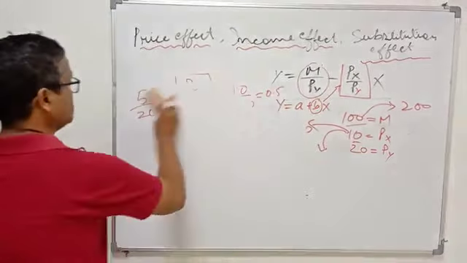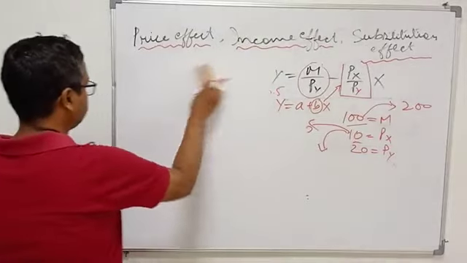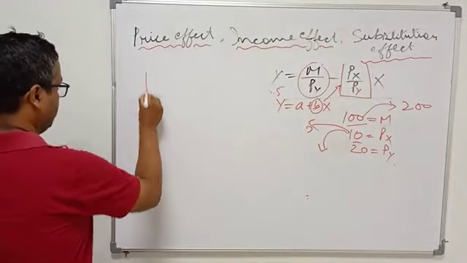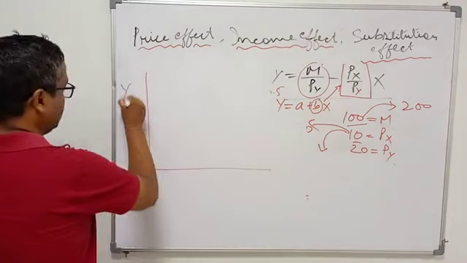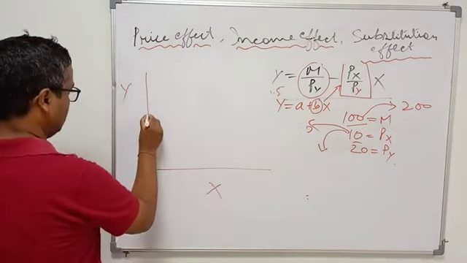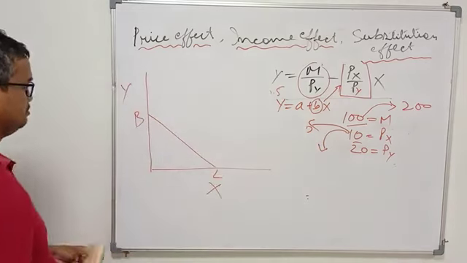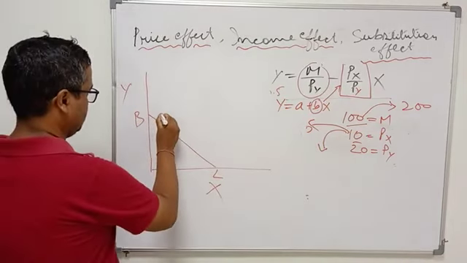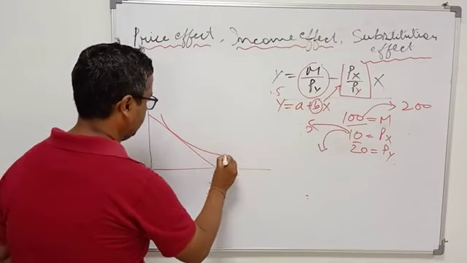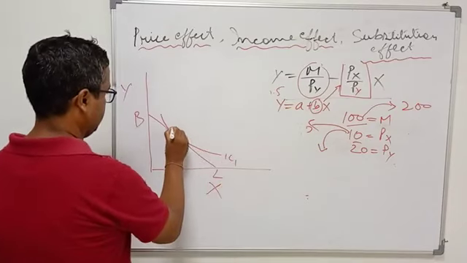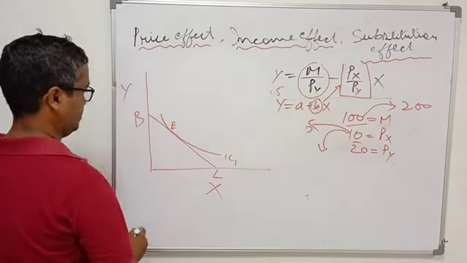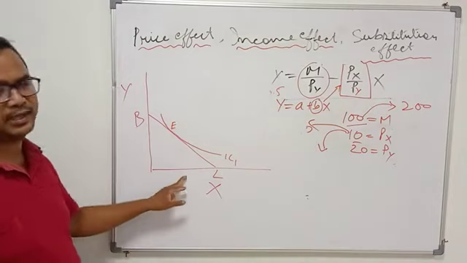Graphically, let us understand this one. Again, on the y-axis we are measuring Y good, on the x-axis we are measuring X good. The original budget line we are showing as BL, and the consumer is in equilibrium at point E. Now suppose the price of X is reduced.